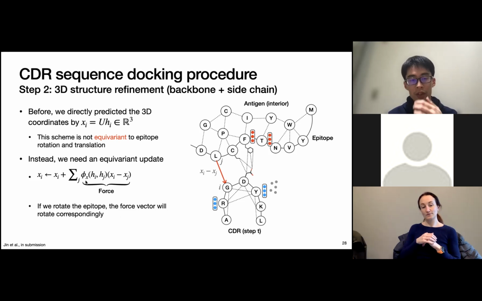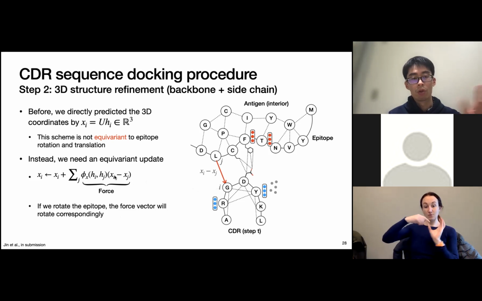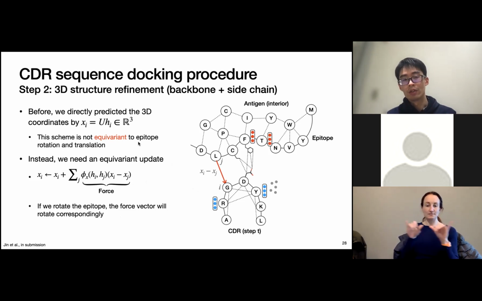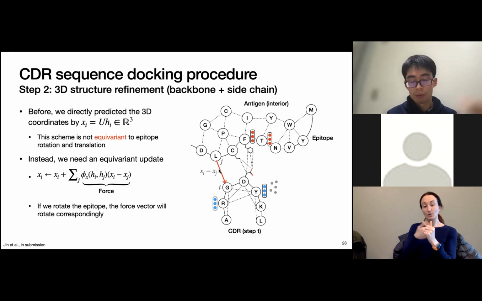And the good thing about this force is that it is equivariant. If you rotate the epitope, this x_i will rotate accordingly, because phi x is just a scalar. So this addresses the issue of the lack of equivariance. We predict these forces and update the coordinates of all residues.